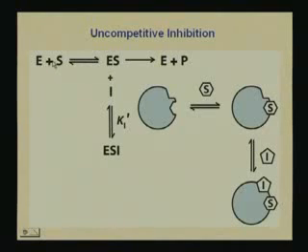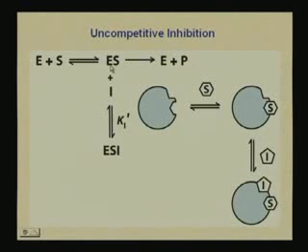So, we have E plus S going to the ES complex, which can add the inhibitor to it, forming this ternary complex again. And the ES can dissociate into the E plus the P. So, this is our enzyme, this is our substrate that sits here, and we have the enzyme substrate inhibitor ternary complex looking like this.